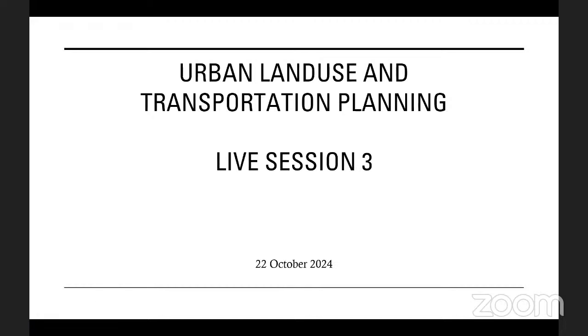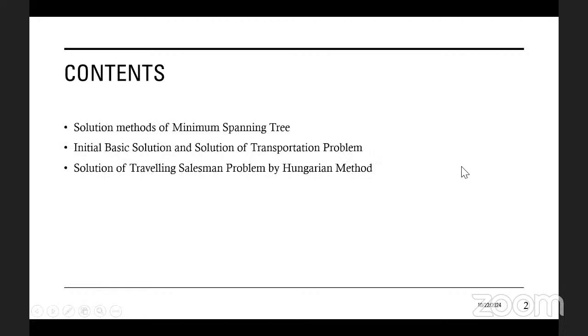So, welcome everyone. This is the third live session for the course Urban Land Use and Transportation Planning. In this session, we'll be discussing the problem solving questions from module 9 to 12. We'll be discussing three major problem areas.